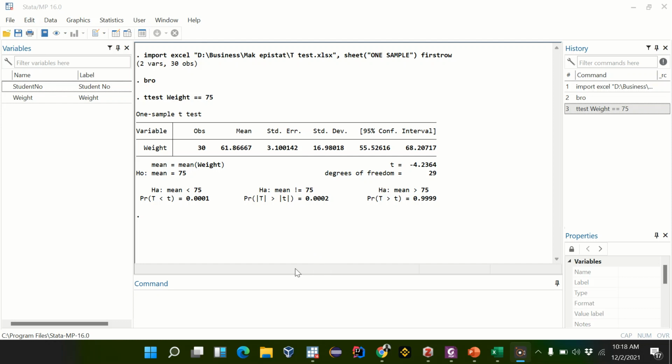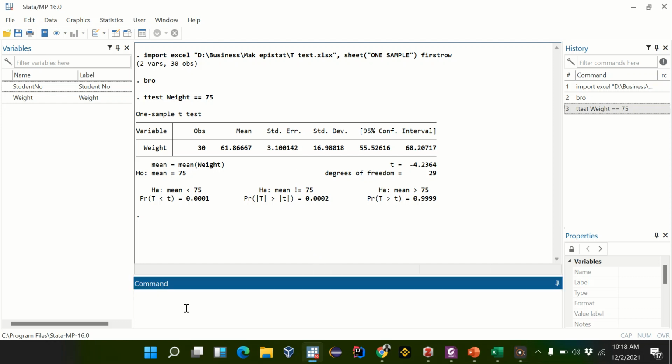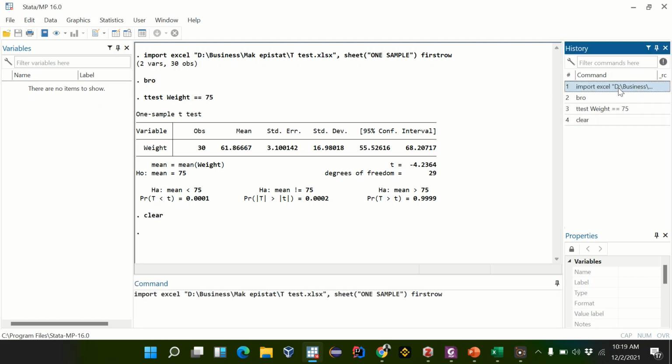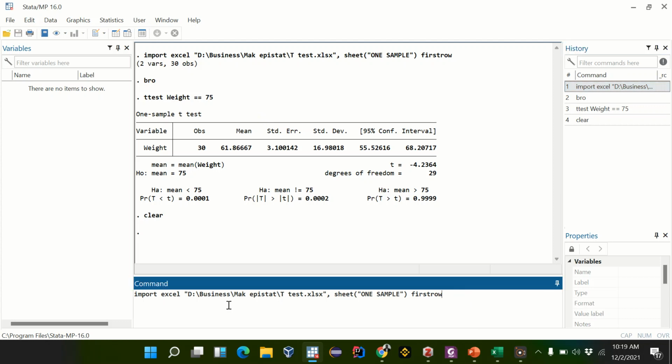So now let's look at another. Let's clear this and look at another test, which is the independent test.